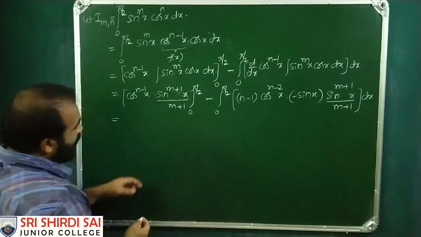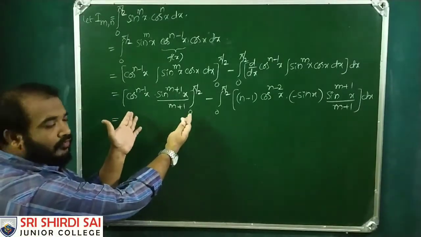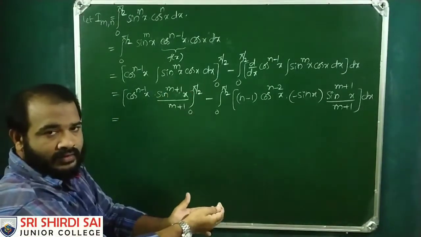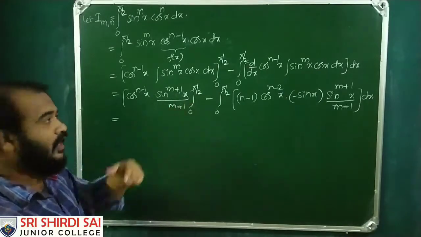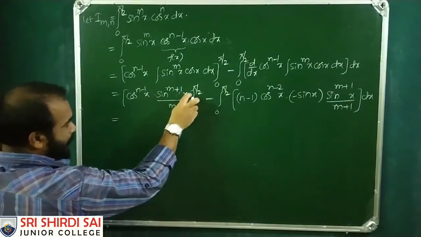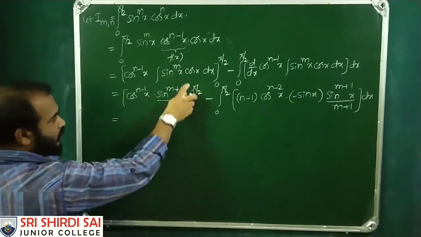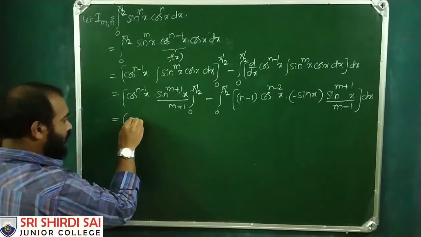now you substitute the upper limit. Since there is no integration here, we will be applying the upper limits and lower limits. So cos power n minus 1 x at the upper limit pi by 2: cos 90 is 0, 0 into something as a whole, this is 0.